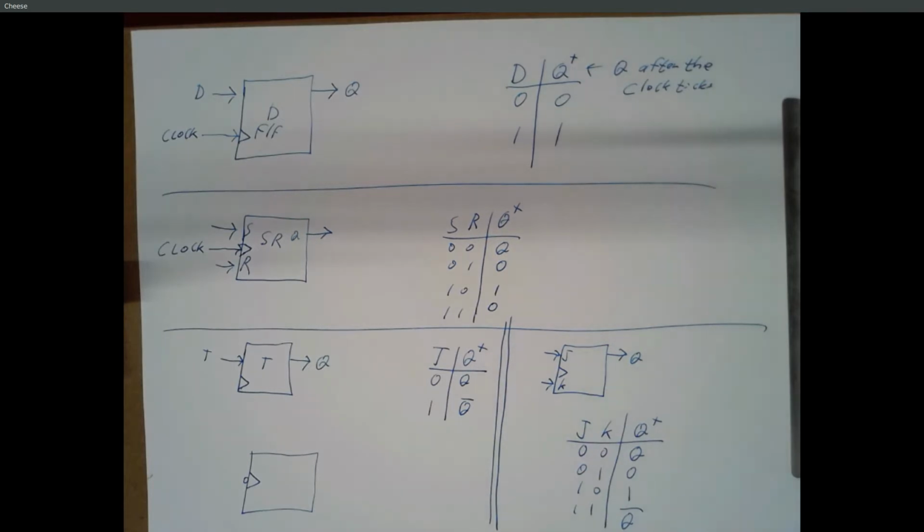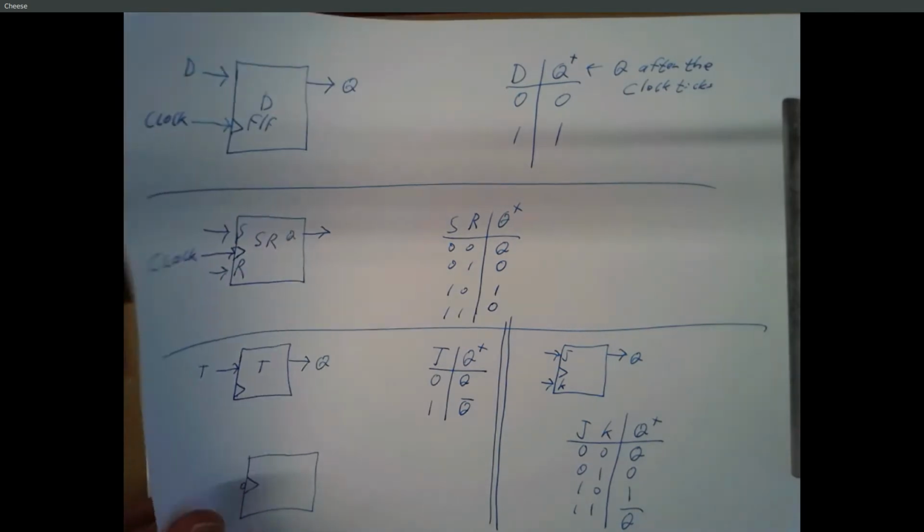So synthesis of state machines will be a lot more work. But we'll go through a very well-defined process to get us to a circuit based on what we want the circuit to do. And in the end, it's going to be exactly what we were doing for analysis, but going in the opposite direction. So more work.